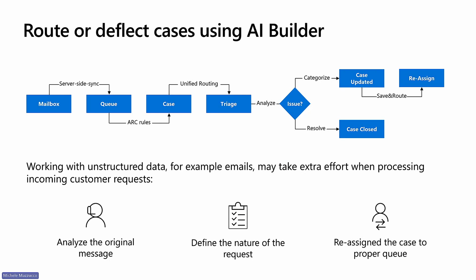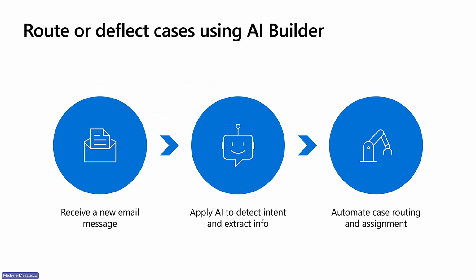Since emails are unstructured data, you'll probably have some agents going through the email contents to read that, understand the request, gather the relevant information from the text, and eventually update the case with proper category and details. And only at this stage, the case can finally be rerouted again to the proper queue and agents. This process can be time-consuming and it's not optimized, especially while receiving a large volume of communications on a daily basis. Then, what if there was a better way to do this?